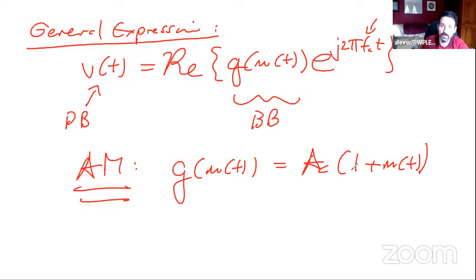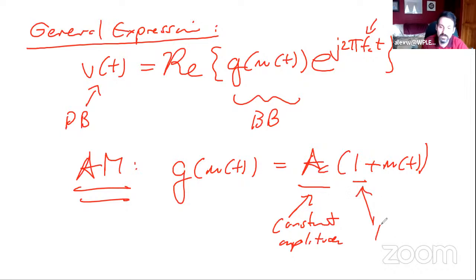The mapping function is equal to some constant amplitude AC, we have some DC bias, and that's our message. Great, and we saw how in the time domain that behaves.